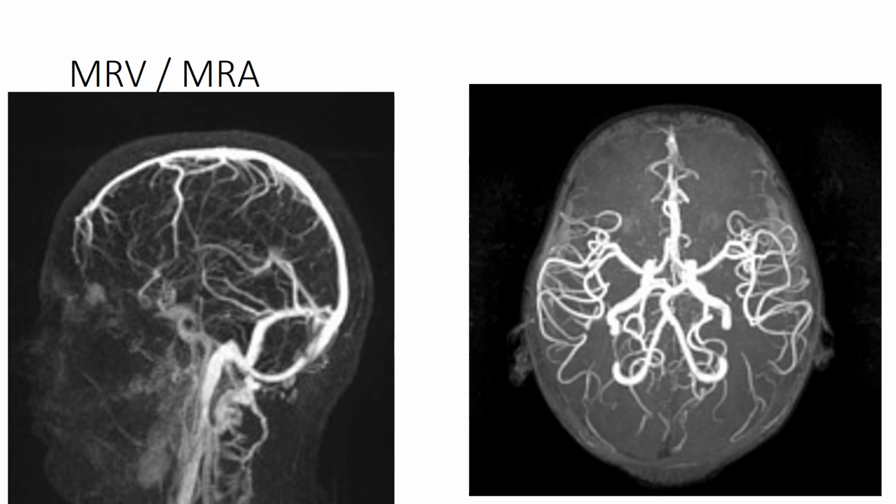Okay, now what we are looking at here is venography. Here, arteriography. Now, what are we using in this scan? We are using the MRI. So this is called an MR venography, and this is called MR arteriography.